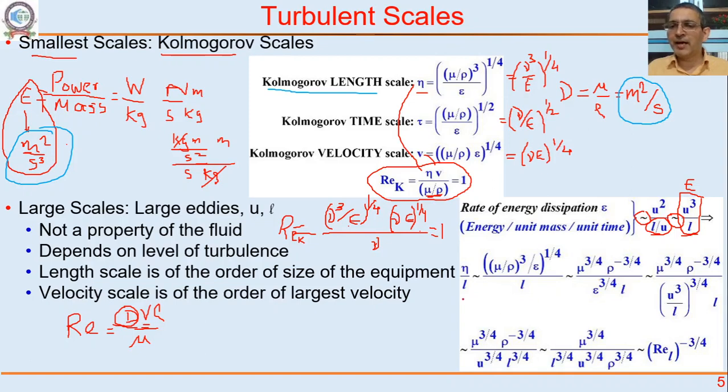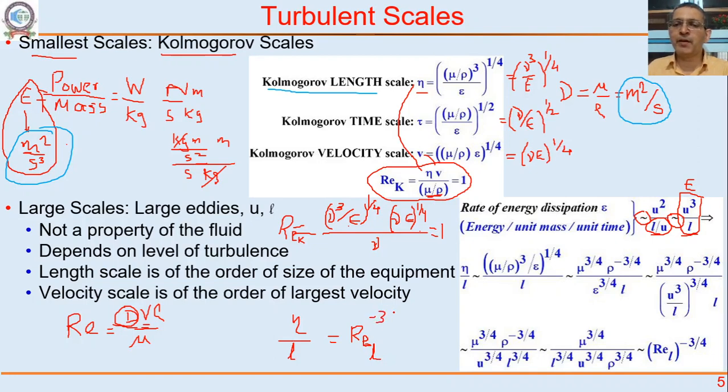Rework this maths and you will find, do this maths for yourself, that eta by L is of the same order as Re based on L, large scale Reynolds number, like the pipe Reynolds number, raised to minus 3 by 4.